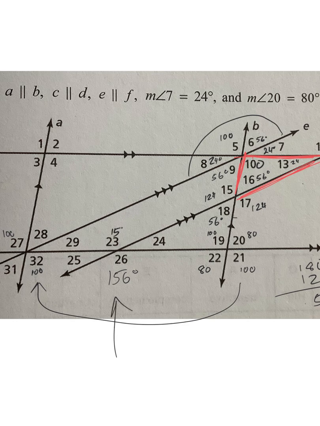23 is 156 degrees, vertical angles. Now look at this. 27 and 28 are corresponding with angle 23. Aren't those the same angles? So if 27 and 28 added together is supposed to equal 23, then all you have to do is subtract 100 from the 156, and that gives you angle 28: 56 degrees, which is a vertical angle with angle 31.